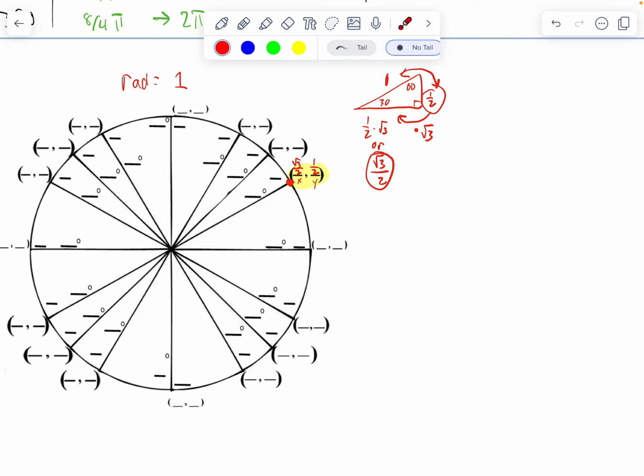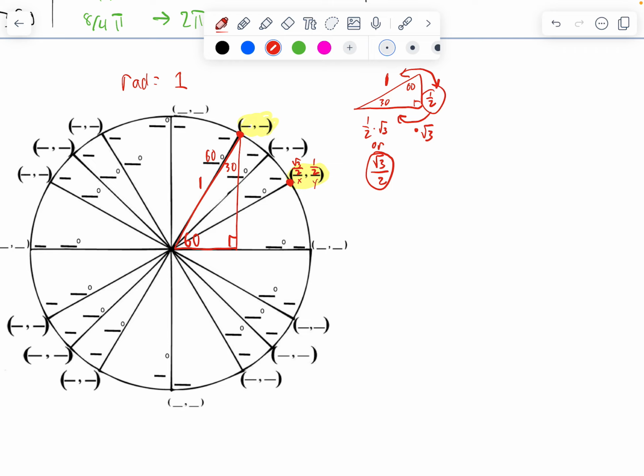So now, if I know this coordinate pair here, this one over here is really easy to find. The reason being, well, what's the angle? So for this point, here's a new triangle using the same ideas. We know the hypotenuse is 1 and the angle is 60 degrees.